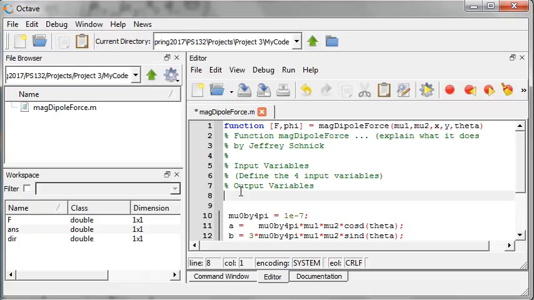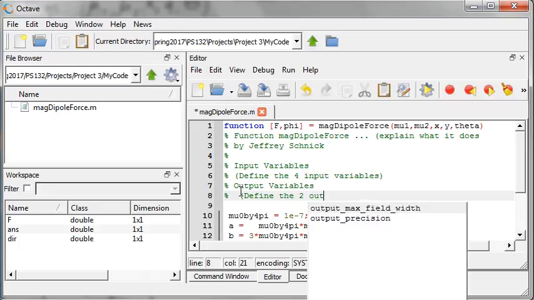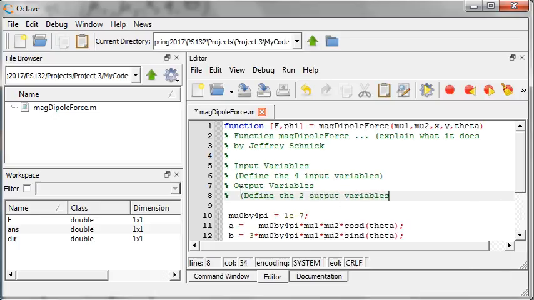That actually worked, that pound sign, but I'll be consistent here. So input to this function are the arguments of the function, these guys, and then output to whatever function is calling this one, or to the command window. In our case, if we're just calling it from the command window, it'll be these 2 variables, the force and the angle of the force.